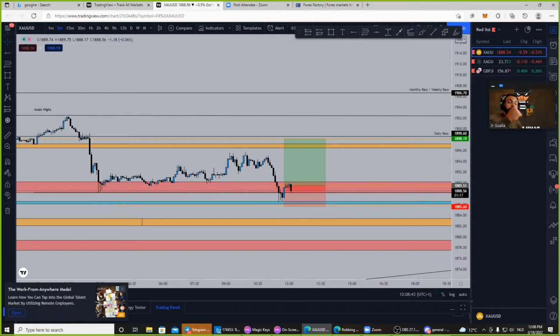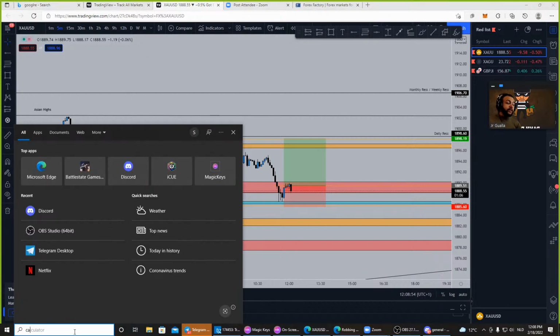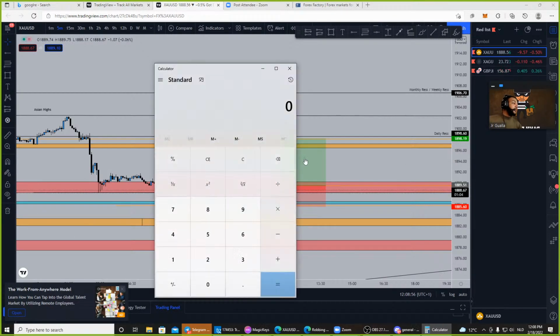Minimum wage in Belgium, I just said where I'm from, is 1,500 a month. So let's open up the calculator. That's minimum wage. That's nothing, right? So if you make 50 bucks every day for a month straight, you make your minimum wage in Forex.